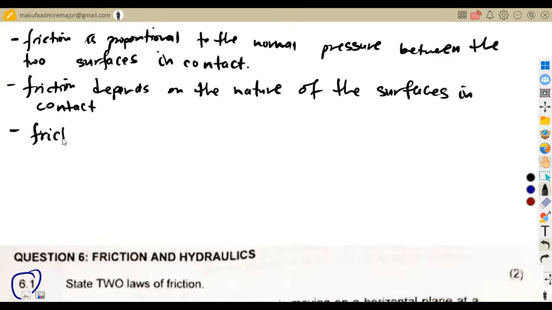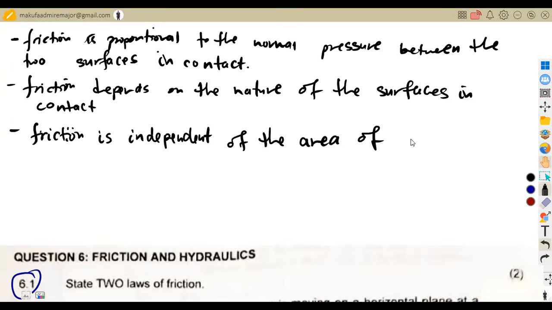All right, so the friction is independent of the area in contact. If you are dealing with the area, it is independent of the area of contact.